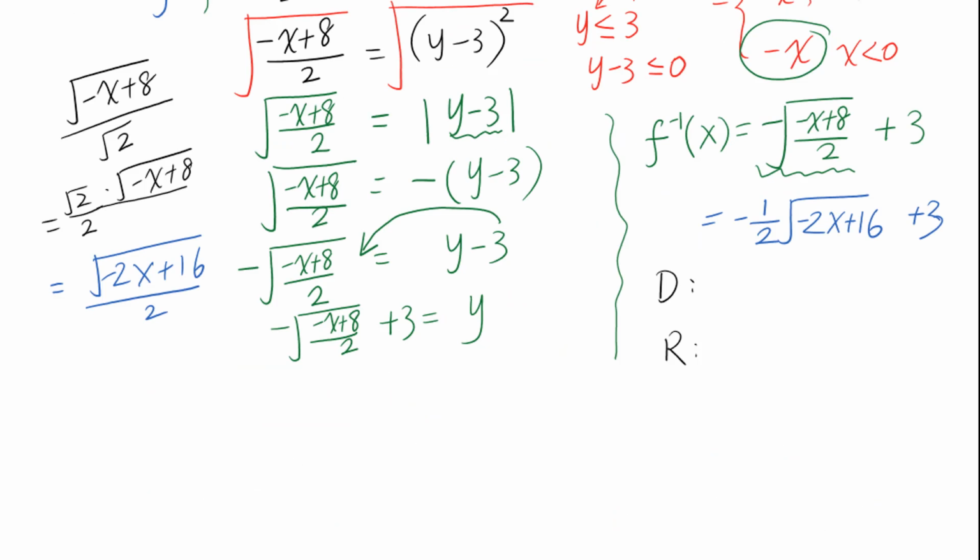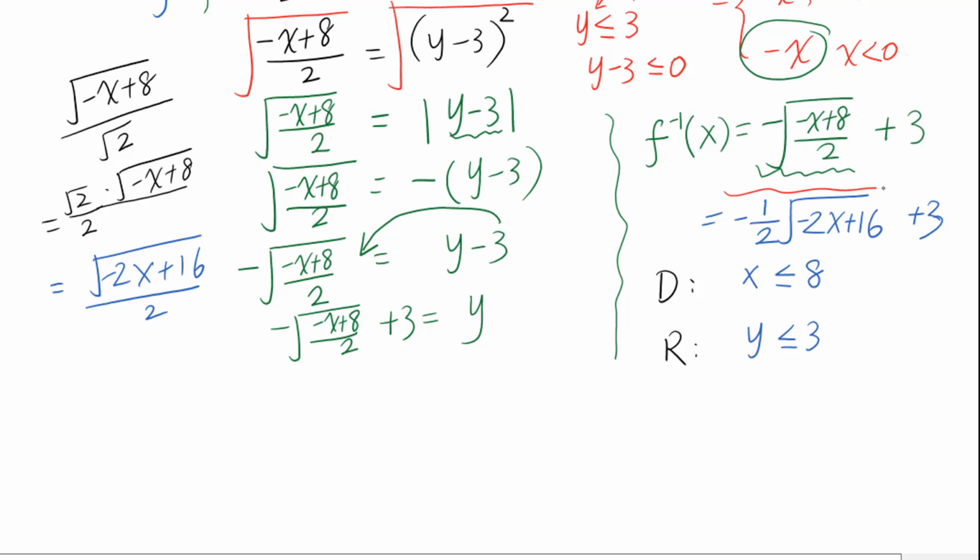Then for the inverse function, we can just switch. The domain will be x less than or equal to 8. The range will be y less than or equal to 3. You can also find the domain and range by working out this square root function.